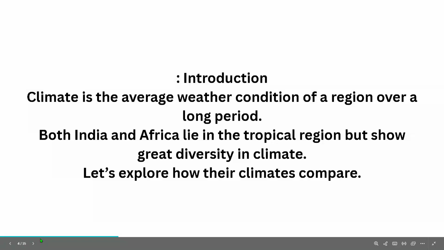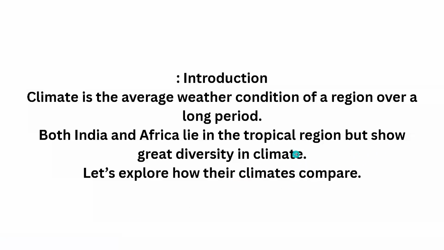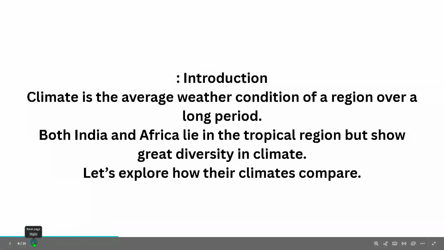Because from March to June we find the same hot climate, and May is the hottest period in our country here. So both India and Africa lie in the tropical region but show great diversity in climate. We will see how it shows the diversities.